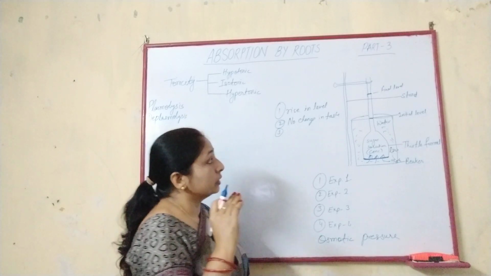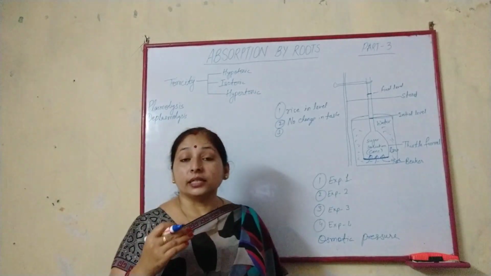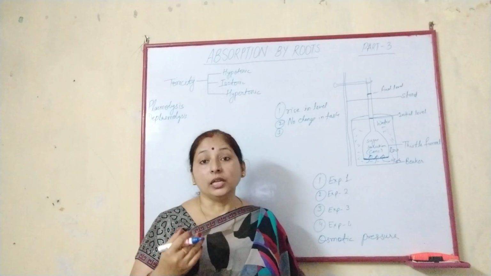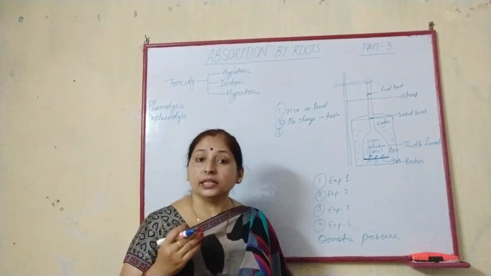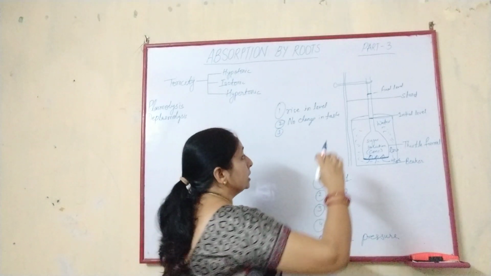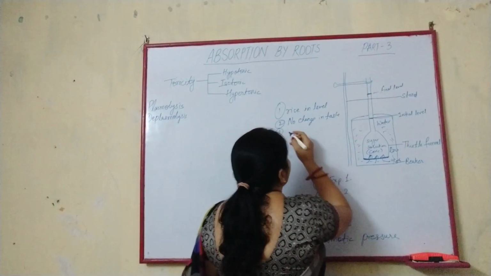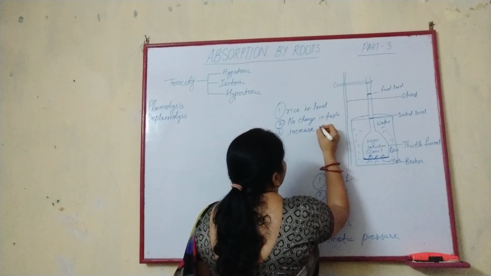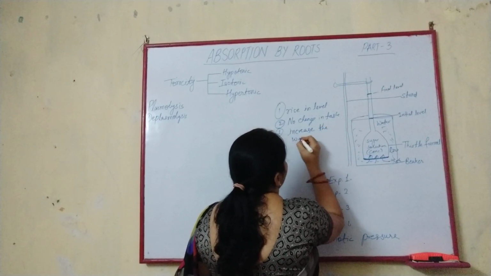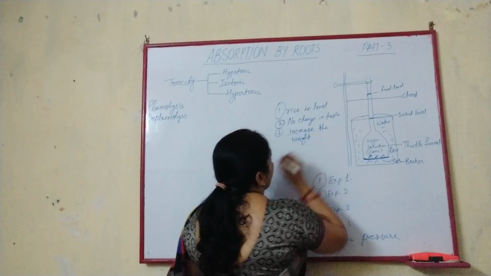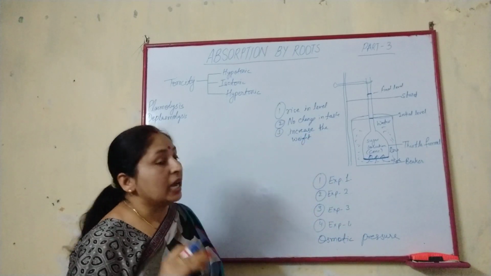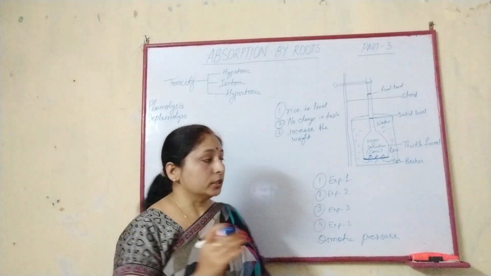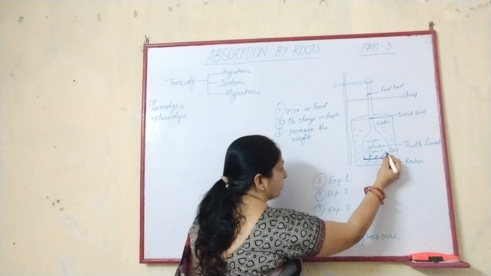Next is why the rise in level stops. The rise in level stops because this rise in the column increases the weight of the solution, and this increase in weight acts as a wall pressure on this membrane.